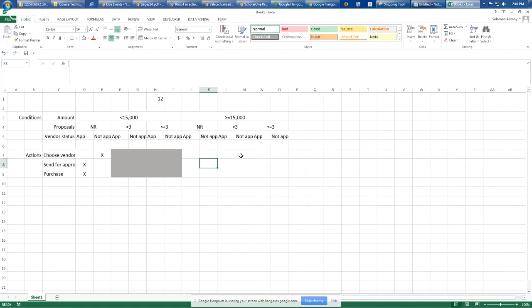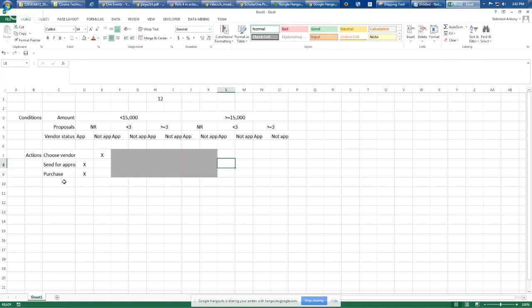All right. Similarly, if amount is more than 15,000, then you need proposals. So the not required columns or values do not apply. So that also can be grayed out. Now, if amount is more than 15,000 and you got less than 3 proposals, then you must go and get more proposals.